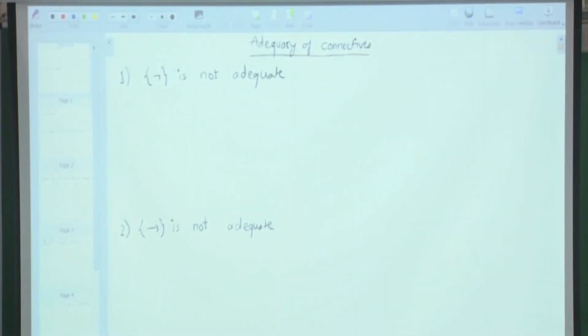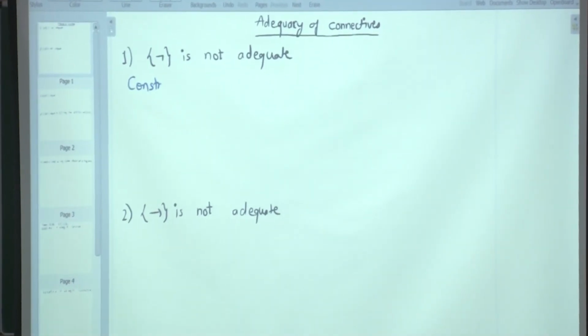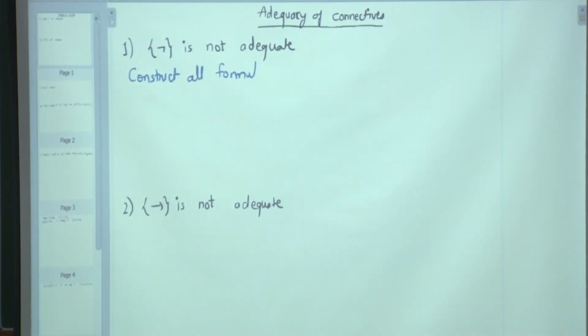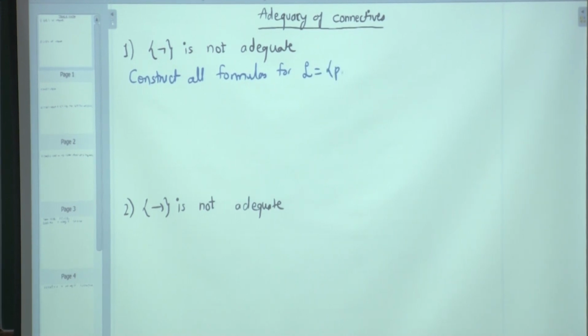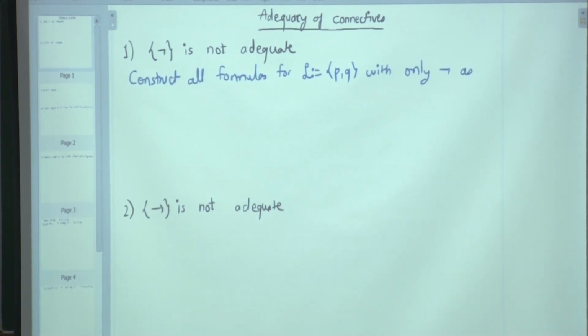So, construct all formulas for L equal to {P, Q} with only negation as the connective.